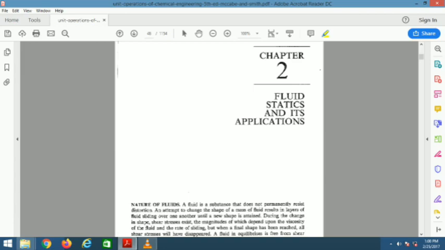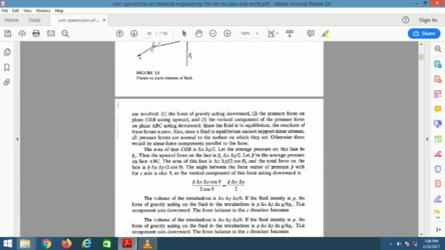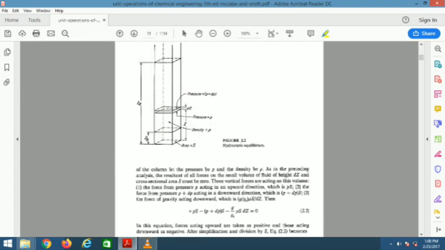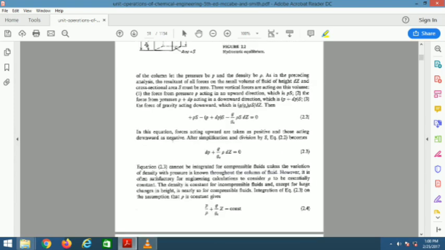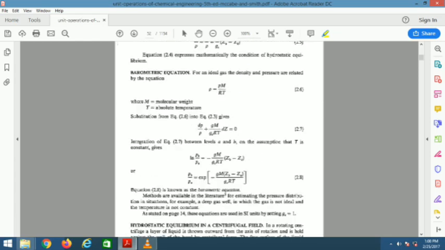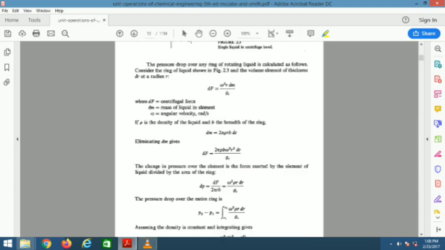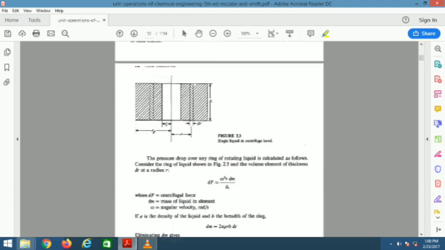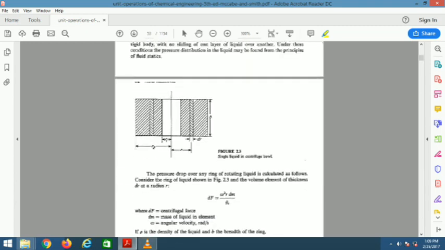Next we move on to the first chapter of fluid mechanics, that is fluid statics. We have some of the basic equations, like the pressure differential upon area, which comes out to this equation. You can derive it very easily. This is the fluid statics for a centrifugal field. They have given a particular radius R1 to radius R2, and the fluid is between these.